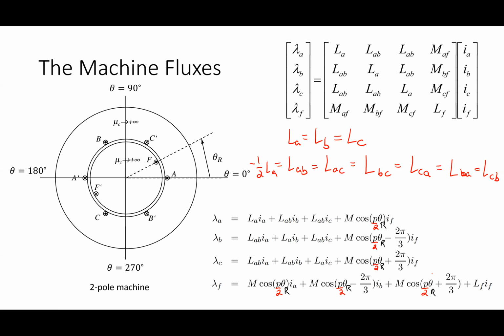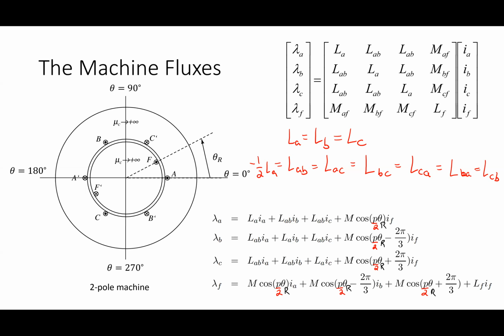I am defining P as the number of poles. Sometimes people use P as the number of pole pairs. I never talk about pole pairs. Usually people talk about a 2-pole, 4-pole, 6-pole, whatever. So I use P as the number of poles. I'm glad you pointed that out, because if you look in different places, they will use P as pole pairs, and sometimes they use P as poles. I will always use it in my stuff as poles.